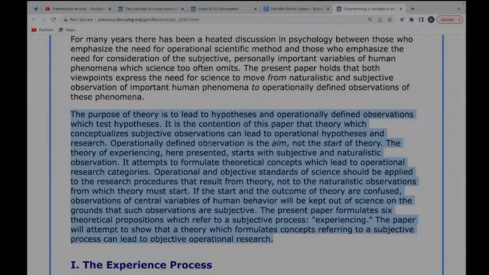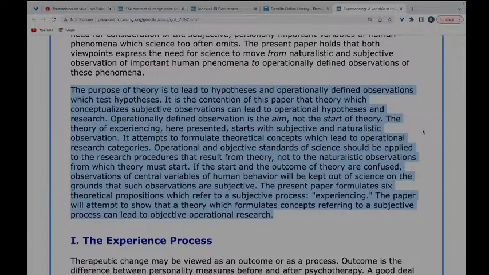Anyway, the purpose of theory is to lead to hypotheses and operationally defined observations which test hypotheses. It is the contention of this paper that theory, which conceptualizes subjective observations, can lead to operational hypotheses and research. Operationally defined observation is the aim, not the start of theory.